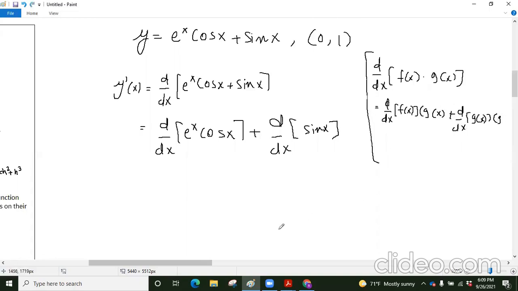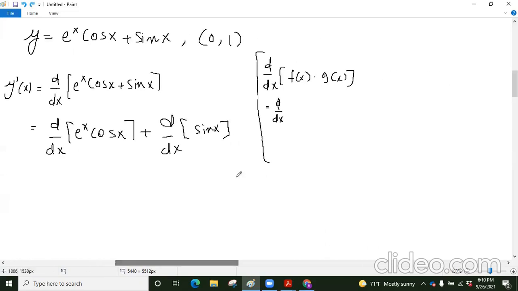Let me make that a little more clear. It is the derivative of f of x multiplied by g of x, added to the derivative of g of x multiplied by f of x.